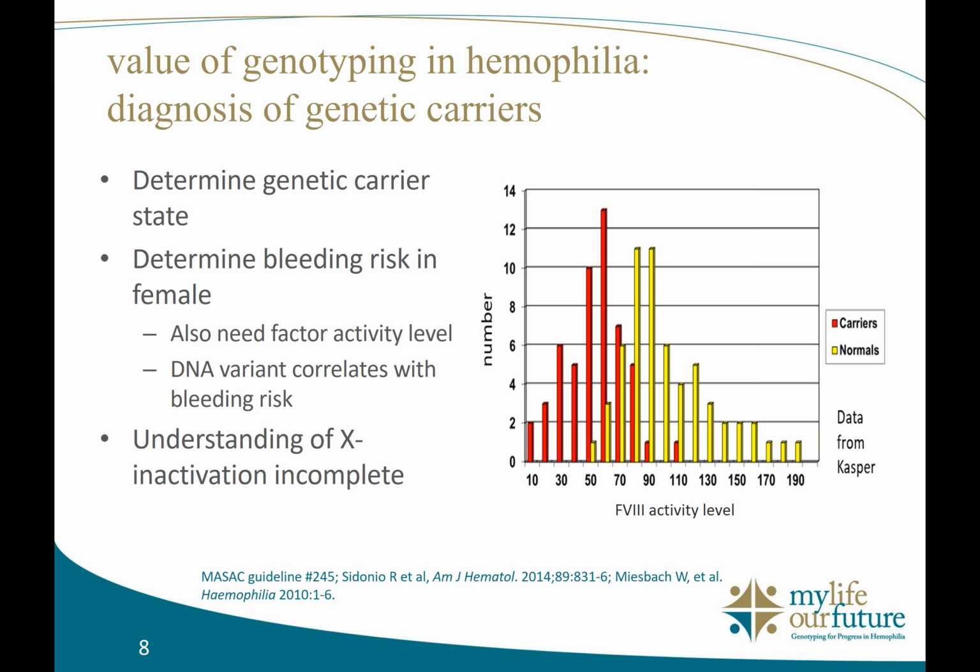And then this genotyping results in the carrier also are important in understanding and optimizing management of pregnancy and the neonate. And so genetic carrier detection is important in assessing the bleeding risk in the mother and the potential bleeding risk in the neonate, and very useful and helpful in delivery planning.